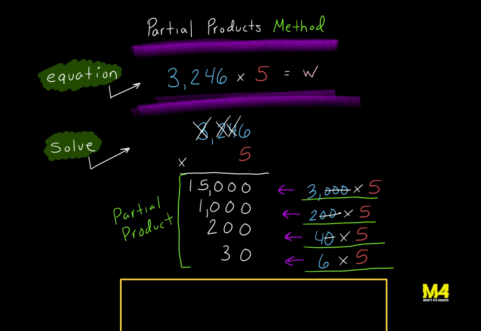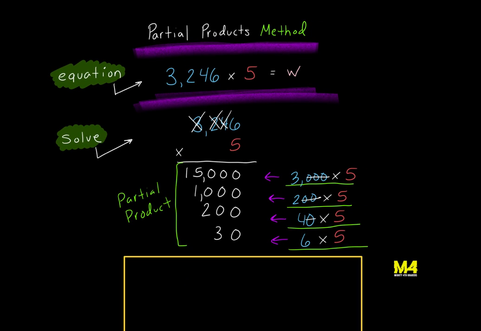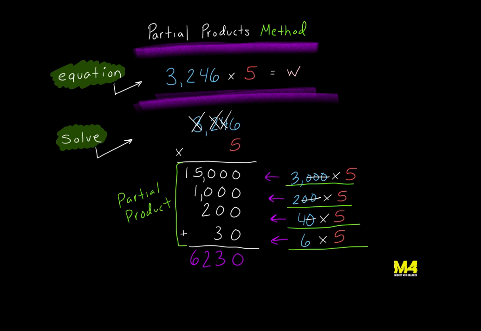But we're going to find the final answer now by taking all of these partial products and adding them up together. So my first thing I'm going to do is look at my ones place. I've got no numbers there. We have a 0. We have a 3 in the tens place, a 2 in the hundreds place, a 6 in the thousands place, and a 1 in the 10,000s place.